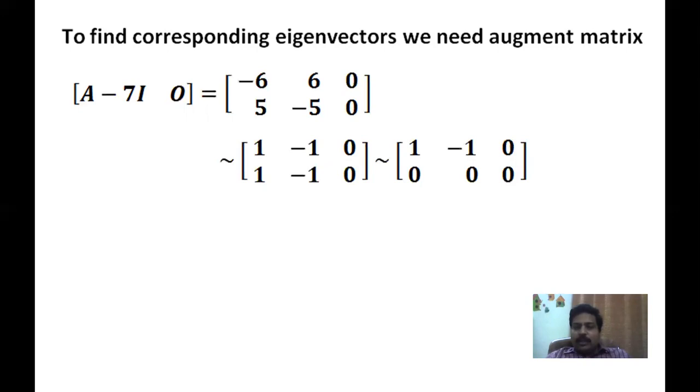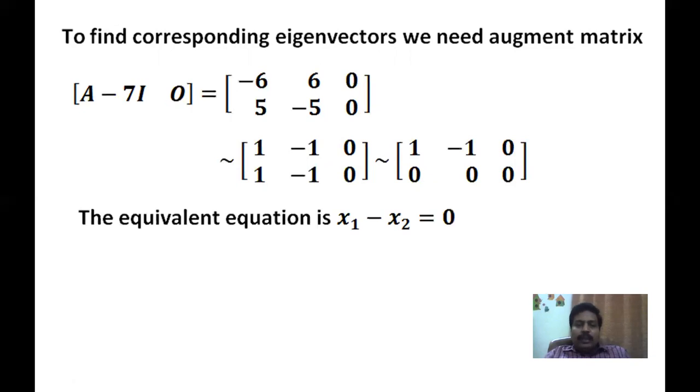So now this one is in echelon form and reduced echelon form also, of course. There is only one pivot, only one pivot column, the first column. To find the null space of this, we can convert this into equation form.